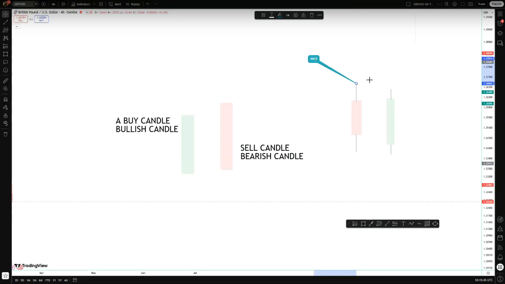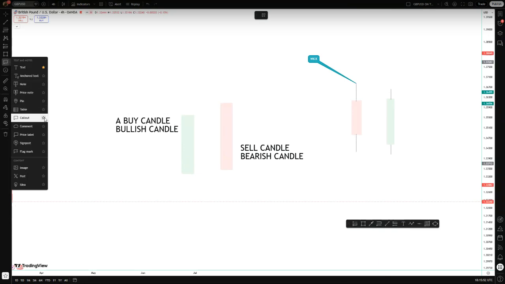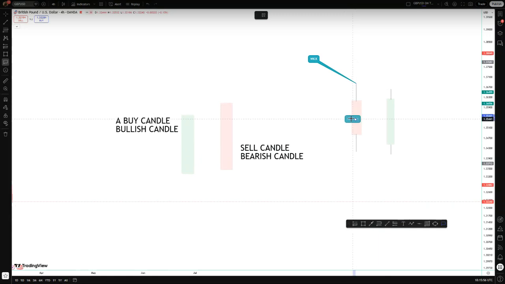It's called a candle wick. Let me add this too. Here is called a body. This is a candle body.